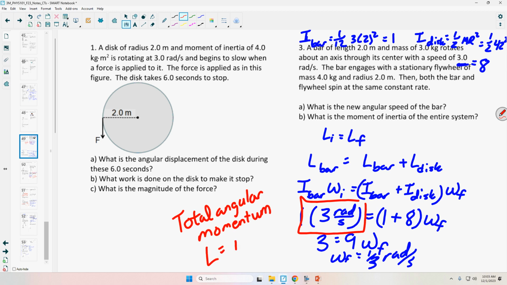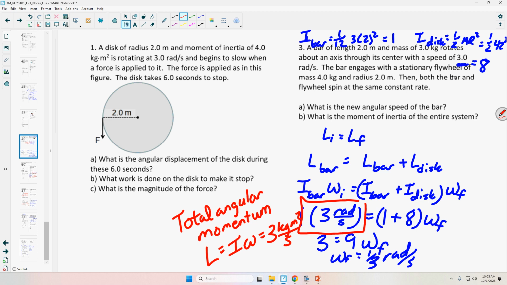And L is just equal to I times omega. In this case, I know the initial angular velocity, so I just say that it's equal to 3 kilogram meters squared per second. So the first part is asked, what is the total angular momentum? And then the second part is asked, what is the final angular velocity?